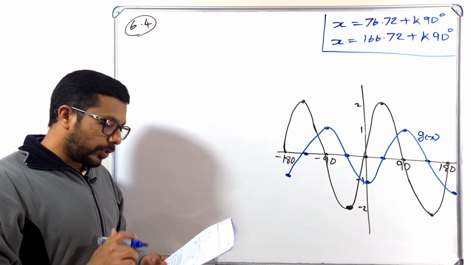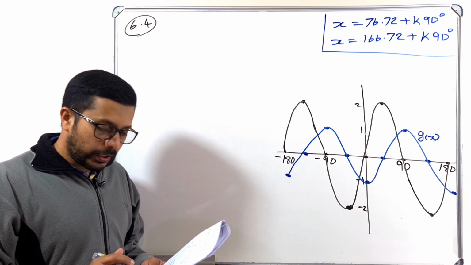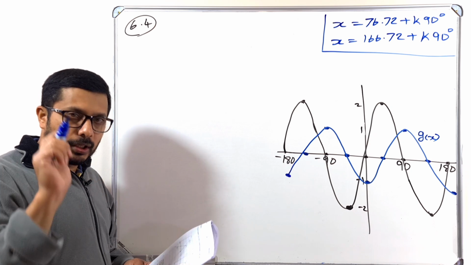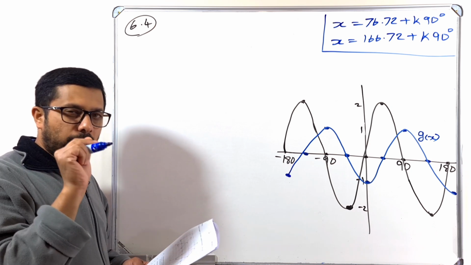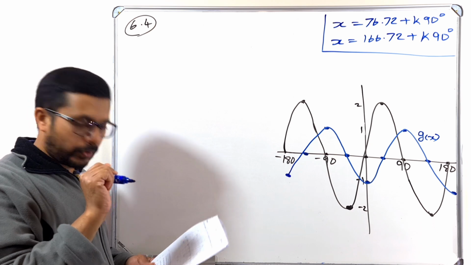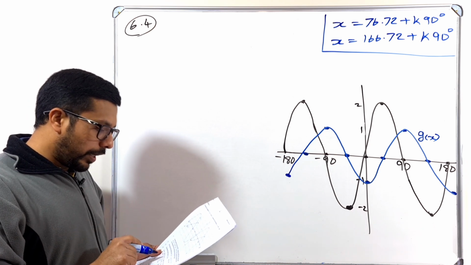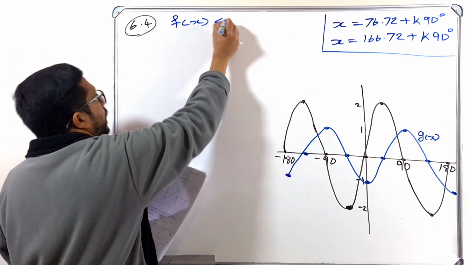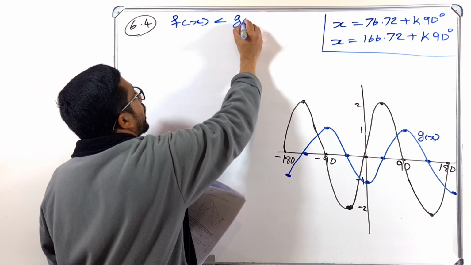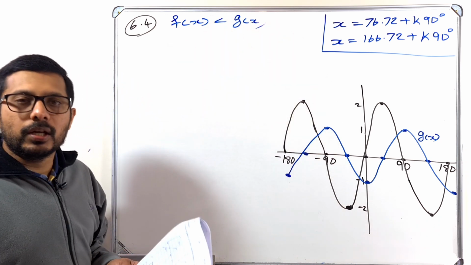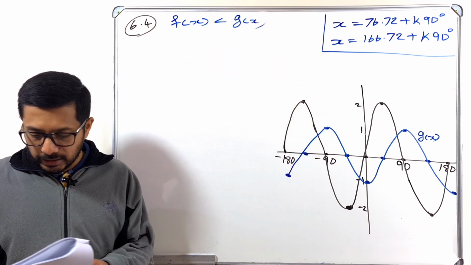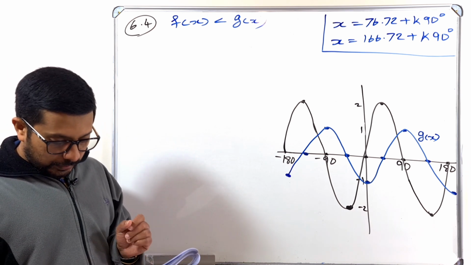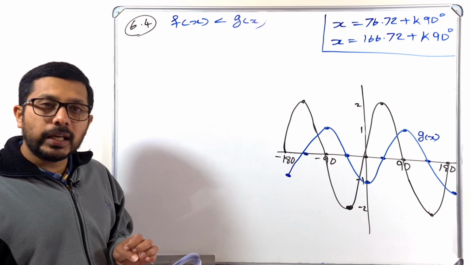Hence determine the values of x for which, look at this condition. You have to find the exact values of x, not the general solution. What is the condition? f of x is less than g of x in the interval minus 180 to 0.